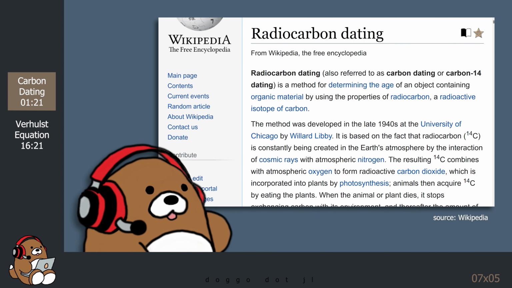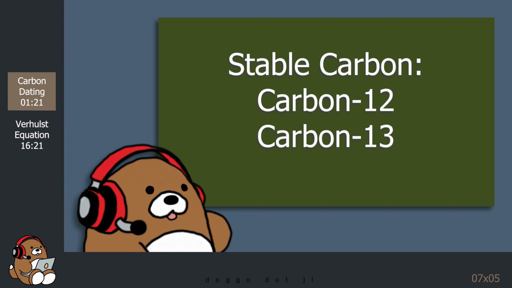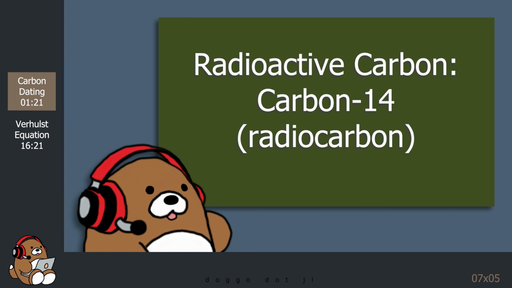At a very high level, here's the basic idea behind radiocarbon dating. In nature, carbon exists as 3 isotopes, 2 stable and 1 radioactive. The 2 stable ones are known as carbon-12 and carbon-13. The radioactive one is known as carbon-14, also known as radiocarbon.